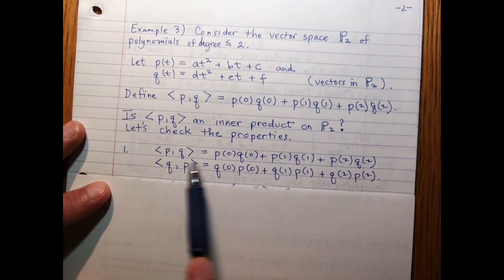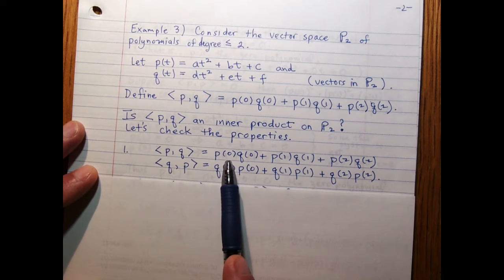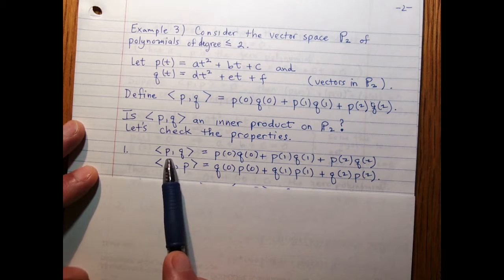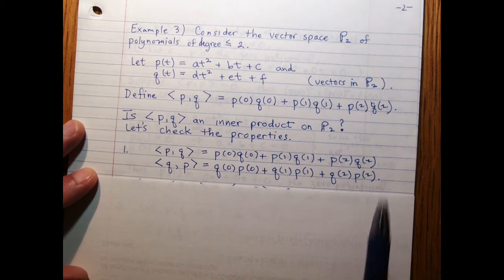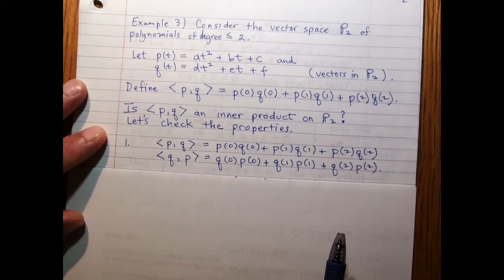We can just write this out in this way. We can see already that the inner product of P and Q and the inner product of Q and P are the same, just because of the commutativity of multiplication of numbers.